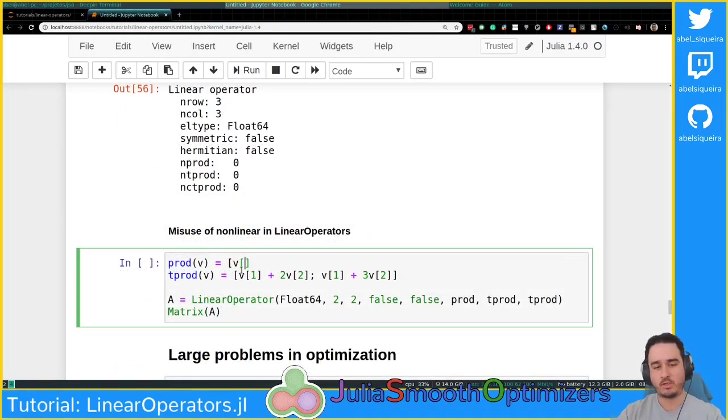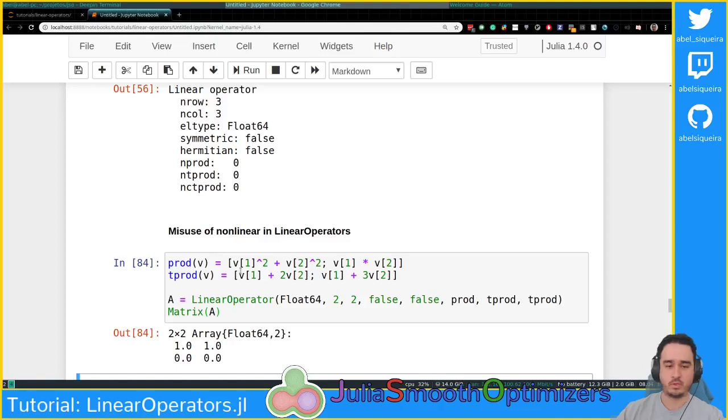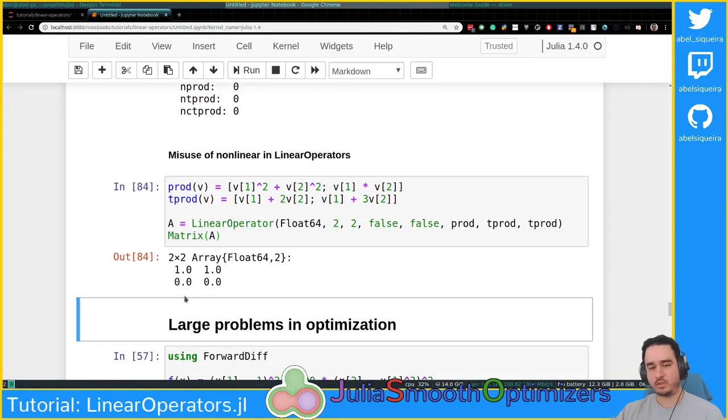You say prod is v1 squared plus v2 squared and v1 times v2, and tprod is the same as before. It doesn't know. It just goes ahead and uses it. It assumes that you're telling the truth. It doesn't have any way of knowing that's not true.